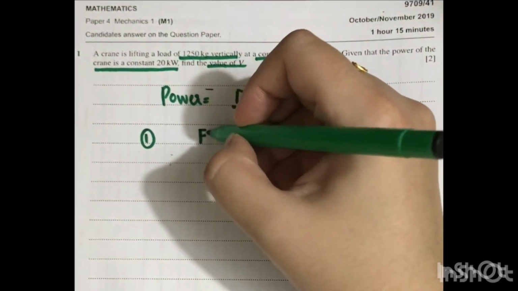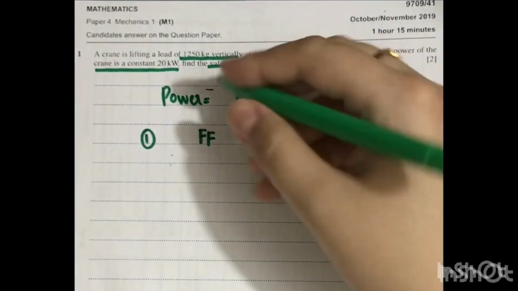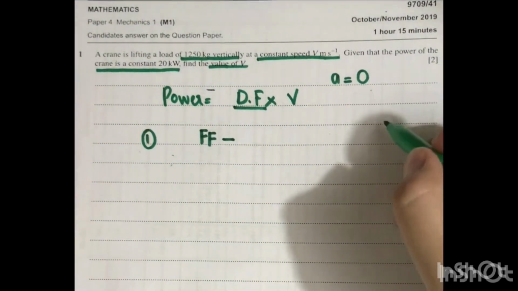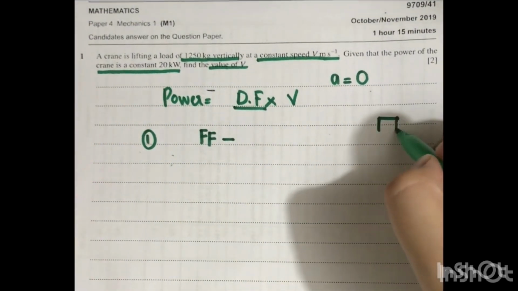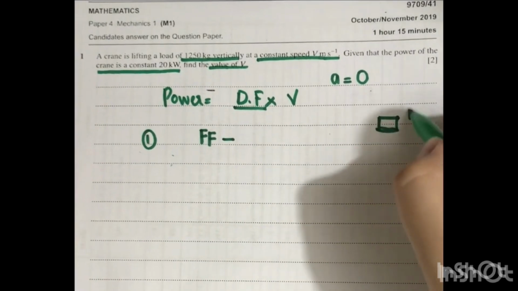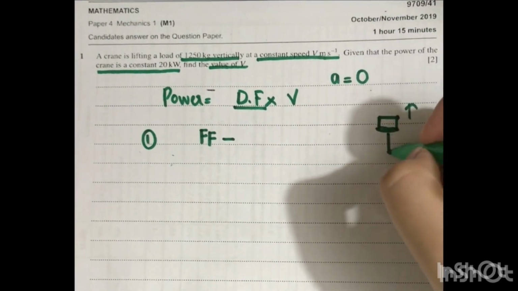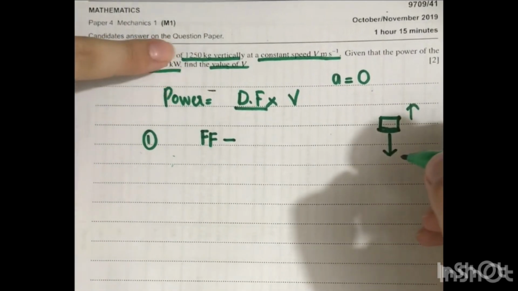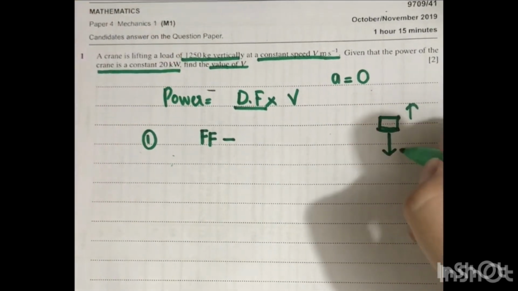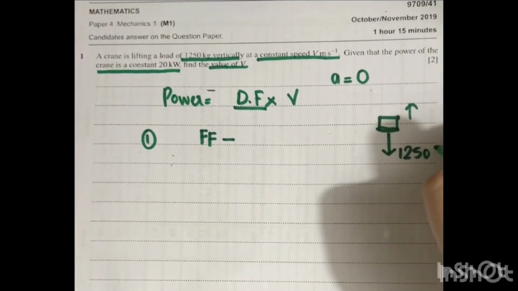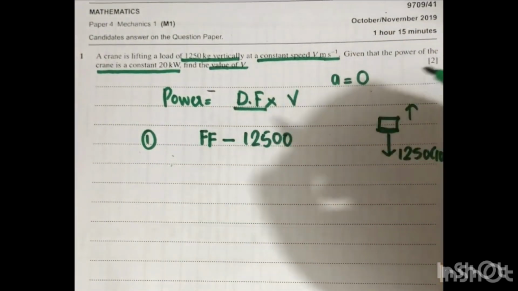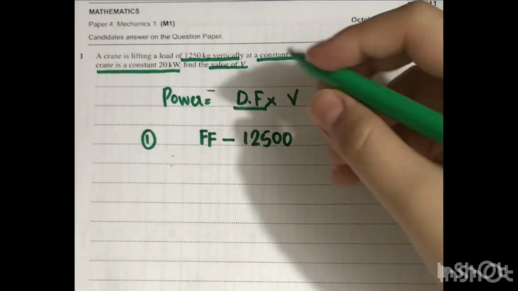So the forward force is unknown, minus the resistive force. Since it is moving the load vertically, the downward force, or the resistive force, will be the weight of the load. So the mass is 1250, which means that the weight will be 1250 times 10, so it's 12,500.